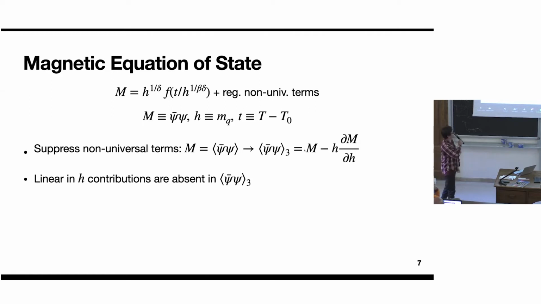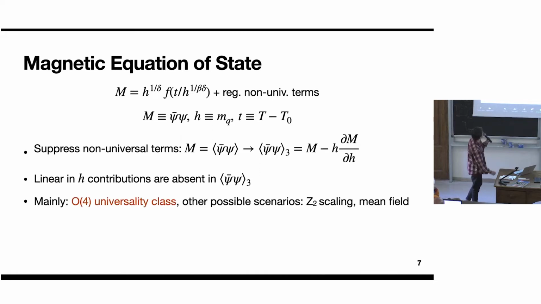which I call psi bar psi 3. It will become clearer in the following why I call it psi bar psi 3. But what is already clear is that linear contributions in this parameter are absent simply by its construction. So any linear contribution in h is absent. I will mainly concentrate on the O4 universality class and present the results for it.